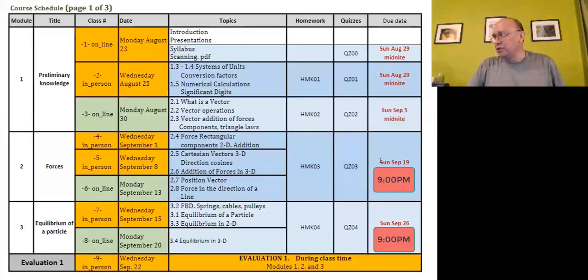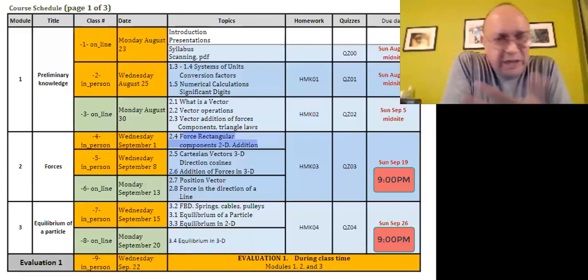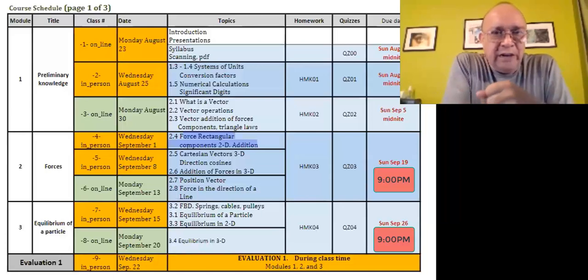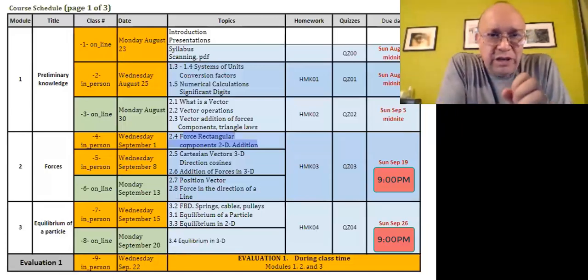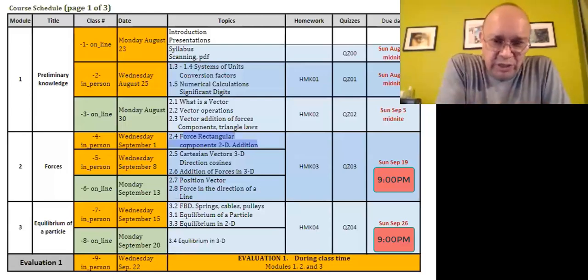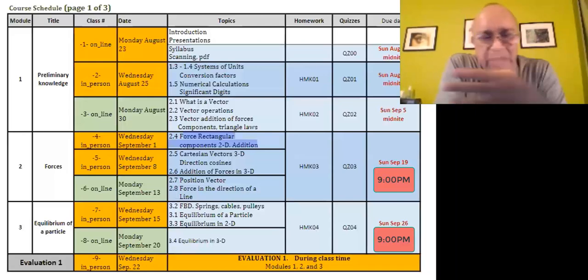They will be due Sunday, September 19 at 9 p.m. If you have a problem, a question, or some doubts about anything, contact me by text message or by email, better by text message, so we can do a Zoom session to explain in person whatever topic you need. And we are going to meet in person next Wednesday. So 1 week from today, we're going to meet in person for whoever wants more explanation.